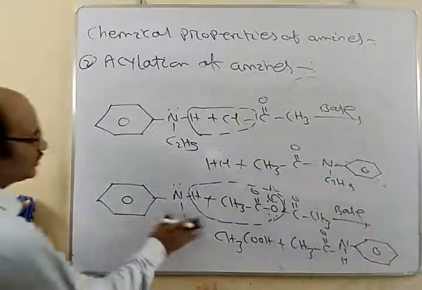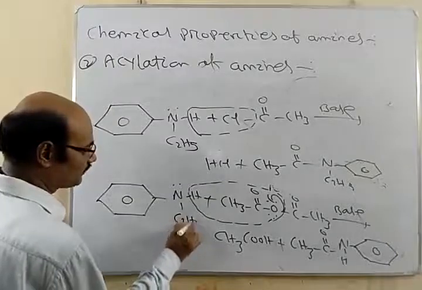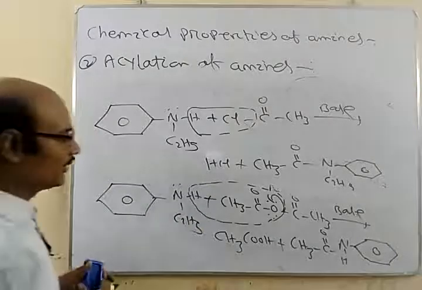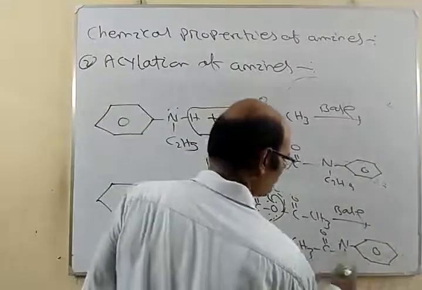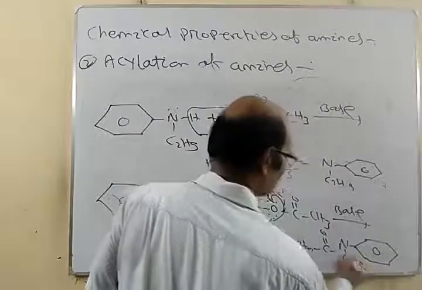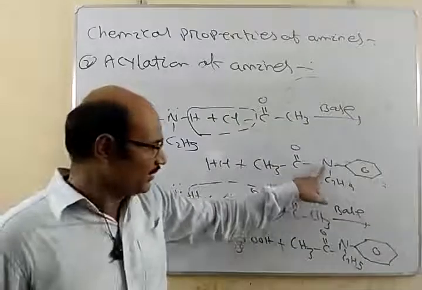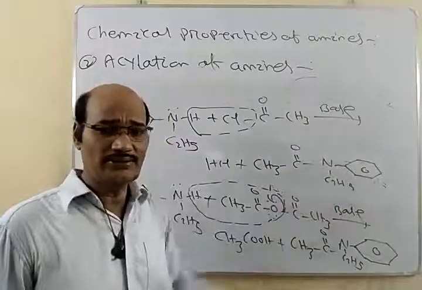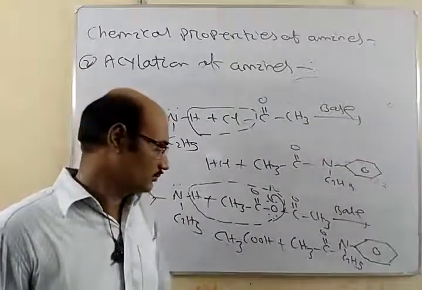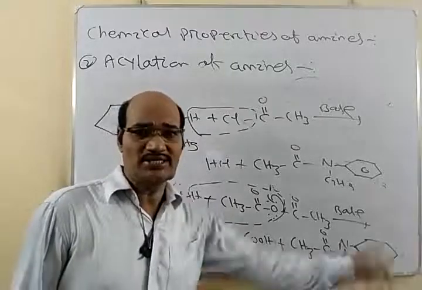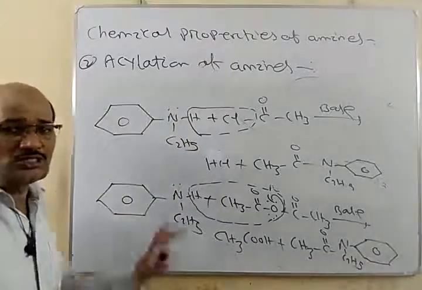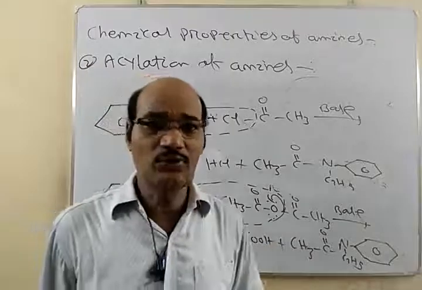Similarly, if I have a C2H5 here, secondary, I will get the corresponding N-phenyl acetamide. Okay, so this is the acylation of amines.